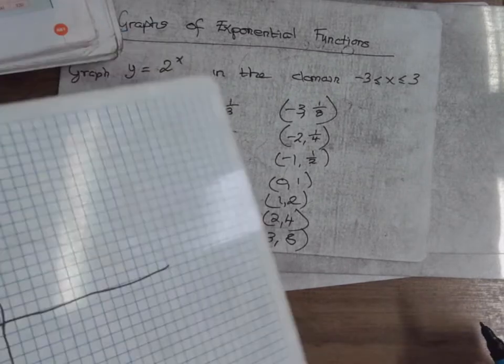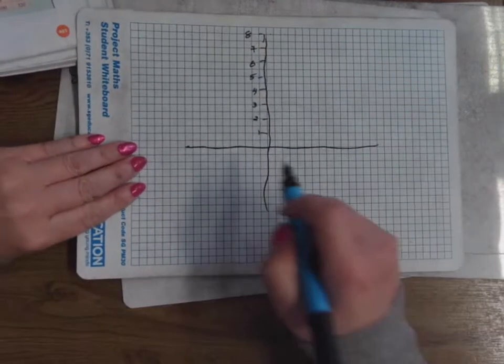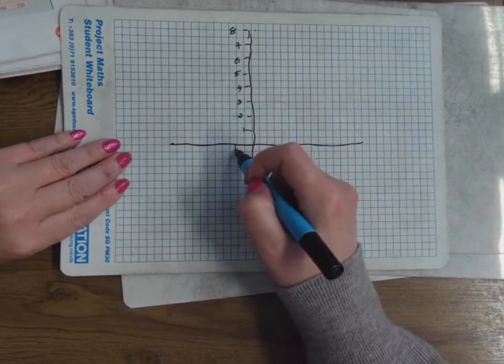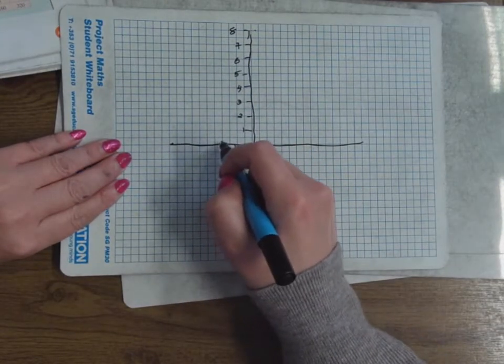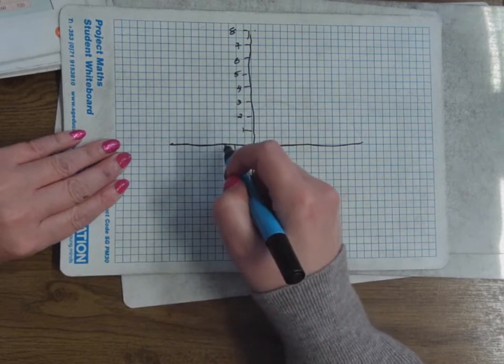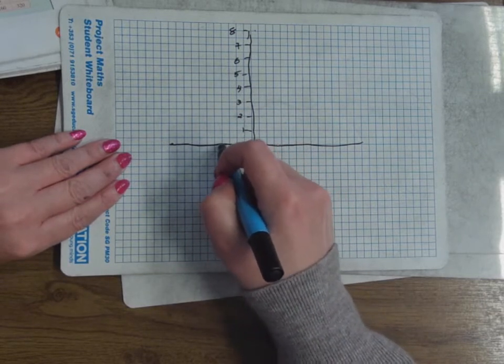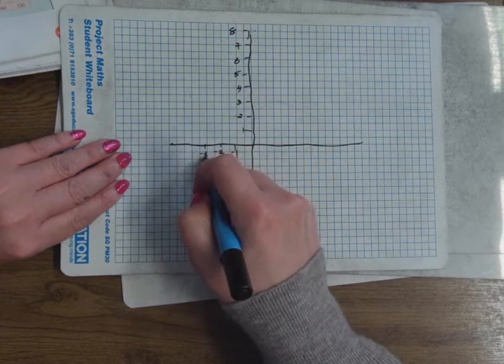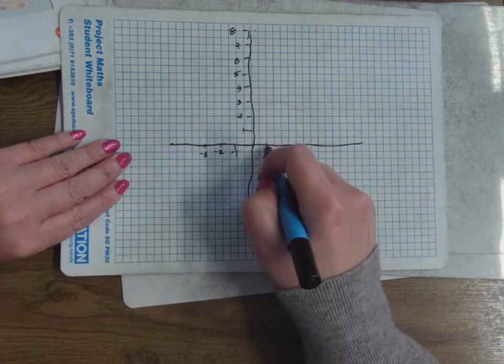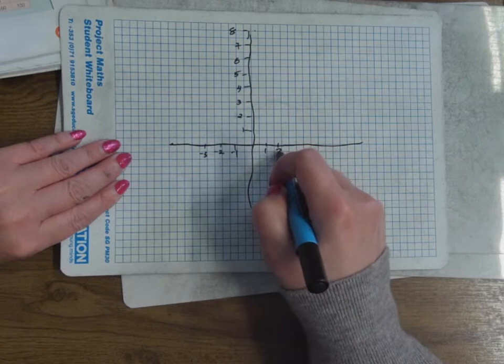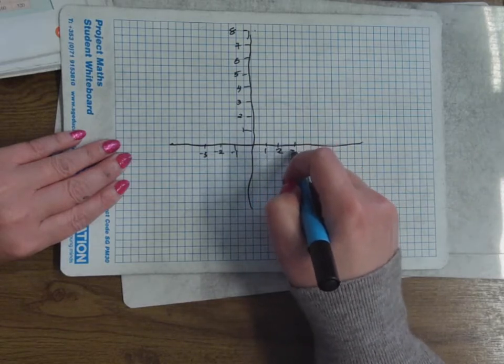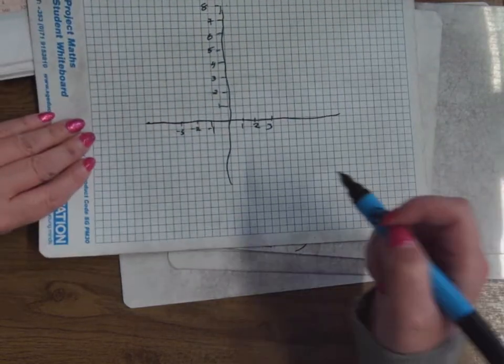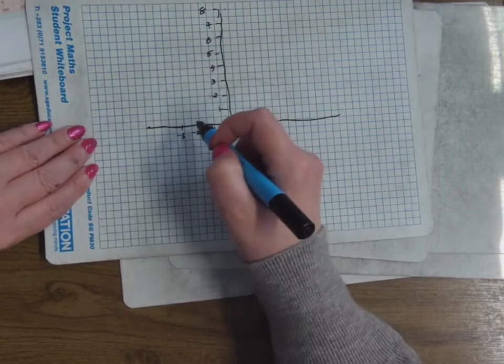Are you ready? Can I take that away? Right, okay. -1, -2, -3, and 1, 2, and 3. So my first point was across to -3, up to 1/8.